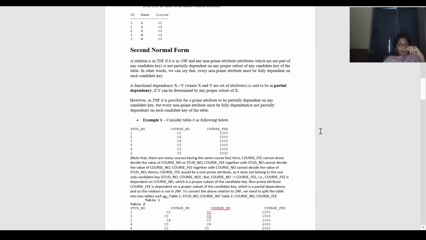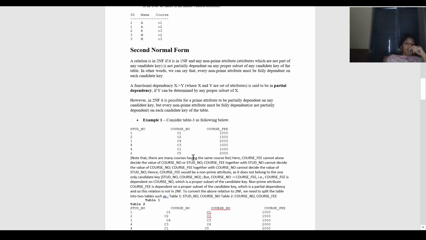See here, in this table, 1, C1, and here course number C1, and the course fee is 1000. See here, the extra column is added, that is course number.